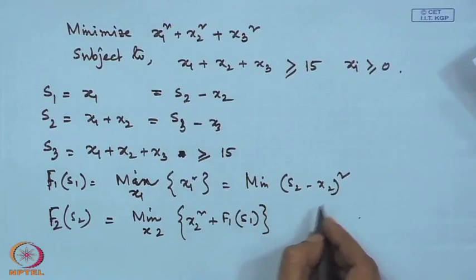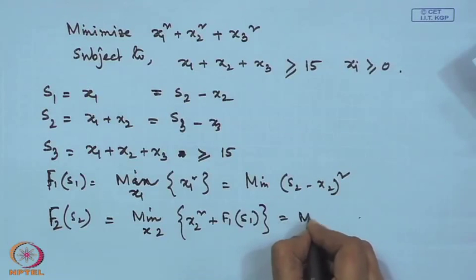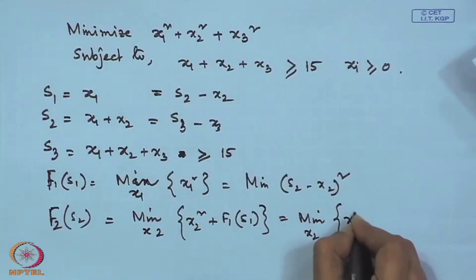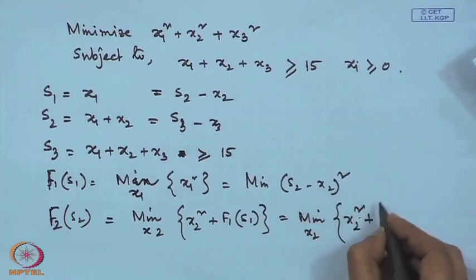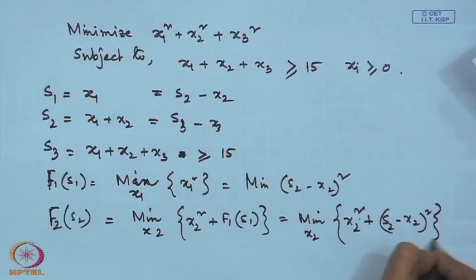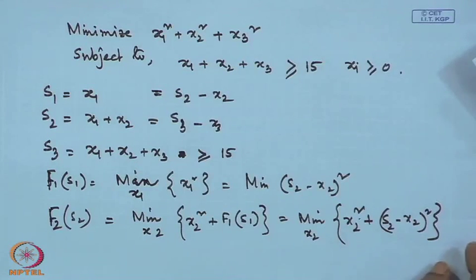This is f1(s1) for me, that is why we can consider minimization of x2 square plus (s2 minus x2) whole square. Now, once we are getting that, just see, the second stage problem is a problem of a single variable only, x2. We can apply the optimization technique.